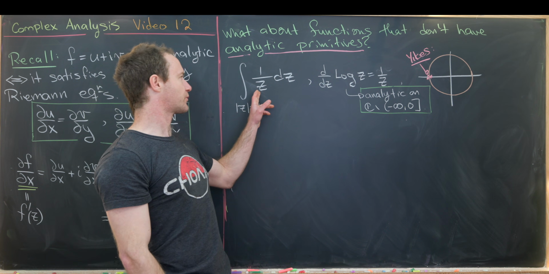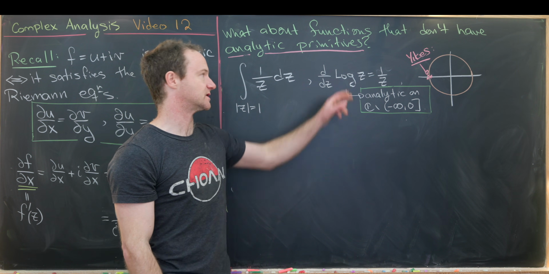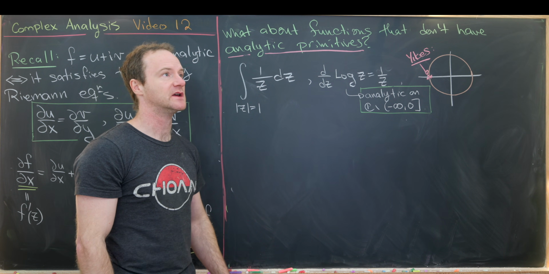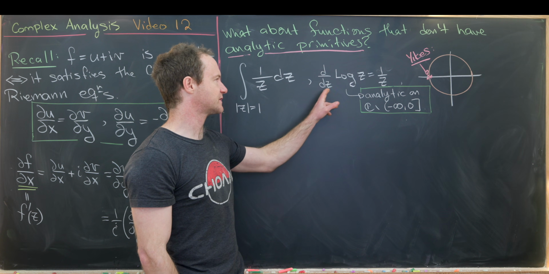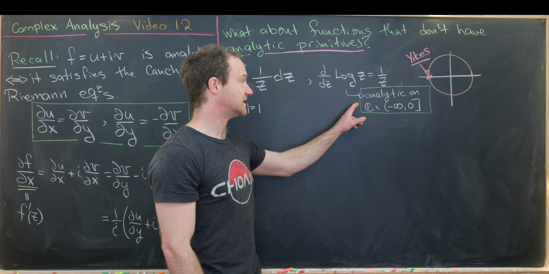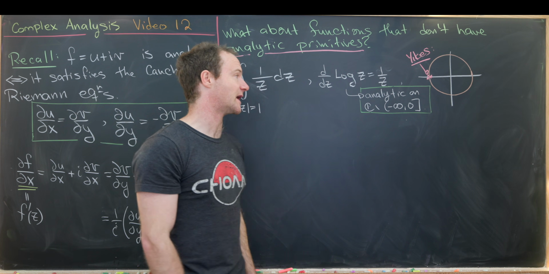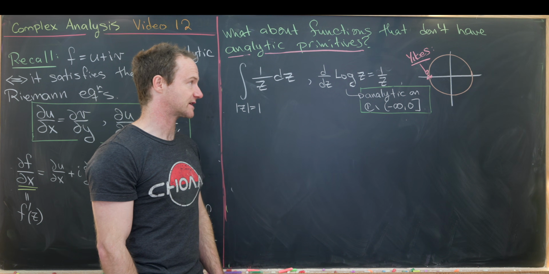But let's notice the primitive, or the complex antiderivative of 1 over z is the logarithm of z. We can take any branch here, but we'll take the standard branch, or the principal branch. So that means the derivative with respect to z of log z is 1 over z, but log z is analytic on C minus the interval from minus infinity to 0. So that's the non-positive real axis.